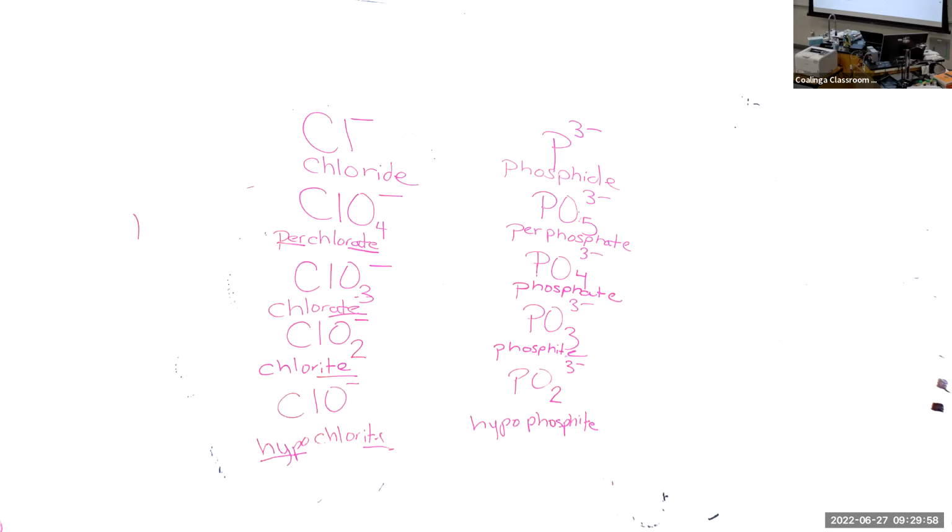Okay, so now let me tell you a little bit more information. If we go down the groups, so we have phosphorus. What's below phosphorus? Arsenic. Now, arsenic is going to behave just like phosphorus because they're in the same group, right?